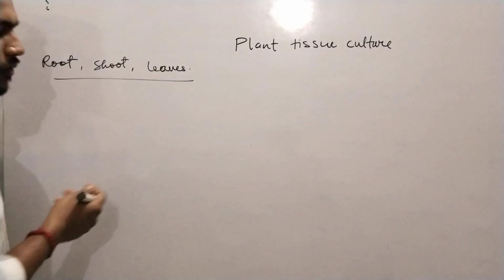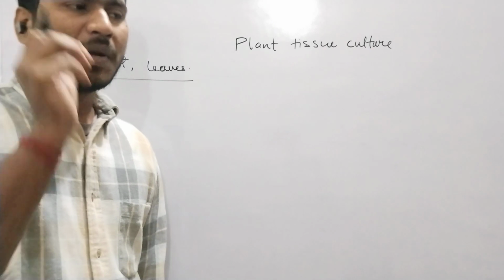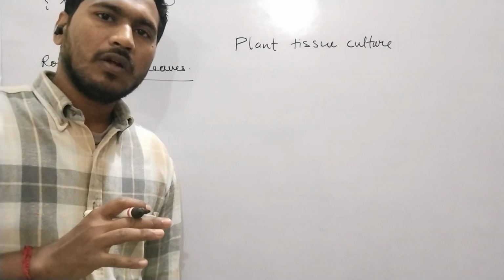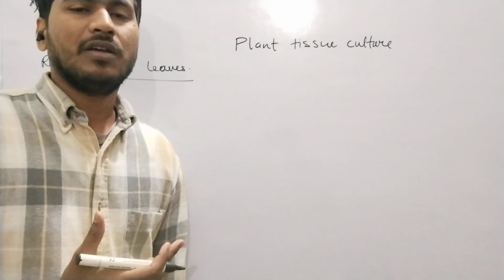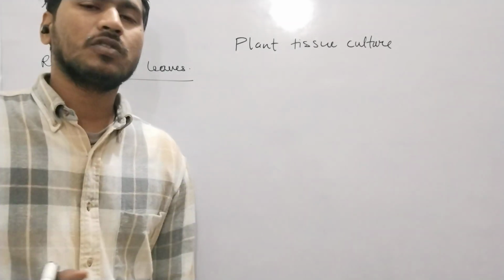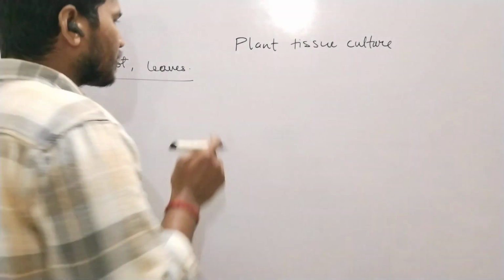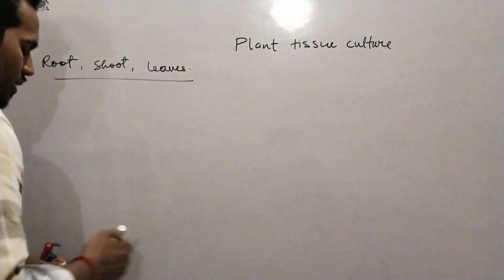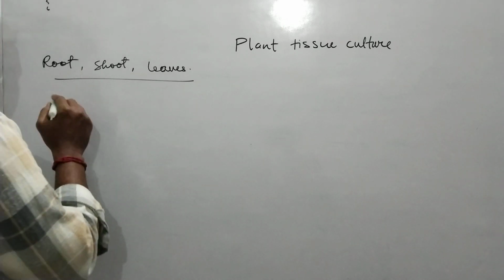Which kind of cell should we take? We can take any kind of tissue, cell or organ of a plant, but we will prefer the meristem. It also depends on the type of tissue culture. So we will take the root, shoot or leaf cells and then grow them in a medium.